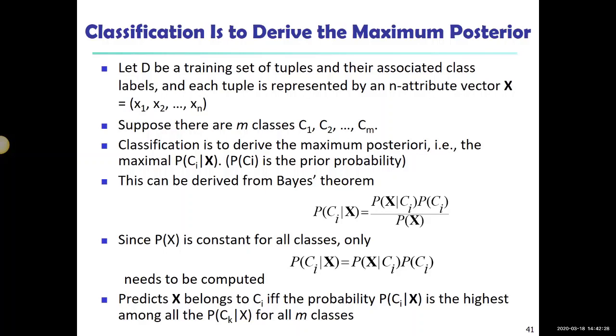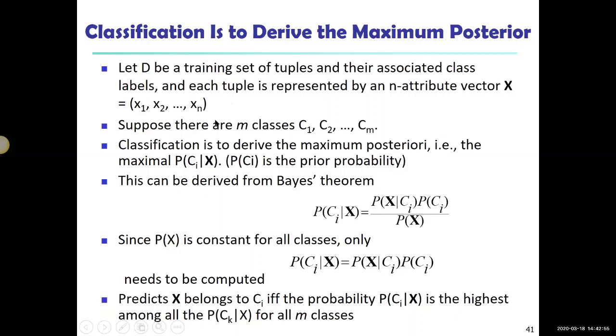So in this scenario, as before, we have D, which is a labeled set of tuples with their associated class labels. Each observation is represented by an attribute vector, so here we have n attributes. Every x is a value of a specific attribute that describes one observation.